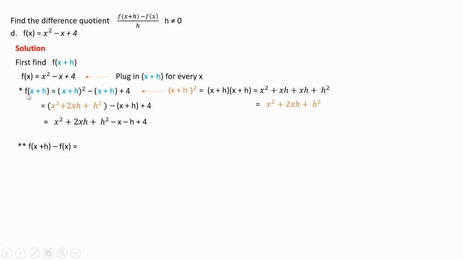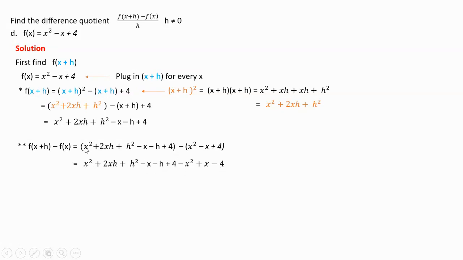Now, again, this one we're going to do in 3 steps. This is my first step. Now, my second step, I'm going to do the whole numerator, which will be f of x plus h minus f of x. The f of x, the function, is already given, right? This is my f of x, the x squared minus x plus 4. So this whole expression is my f of x plus h minus my f of x, which will be minus (x squared minus x plus 4).